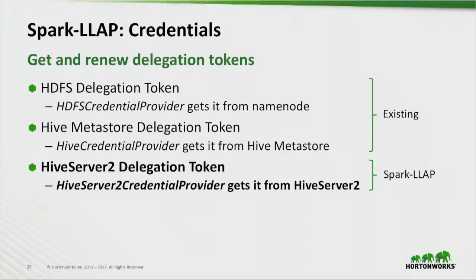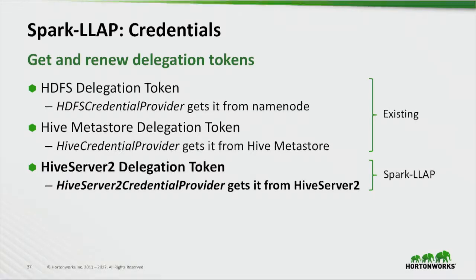First off, Spark LLAP takes care of the credentials when the Spark application is running on the cluster. Spark LLAP requires access to Hive Server 2. So when you're running in YARN cluster mode, your Spark app basically requires a delegation token to Hive Server 2.